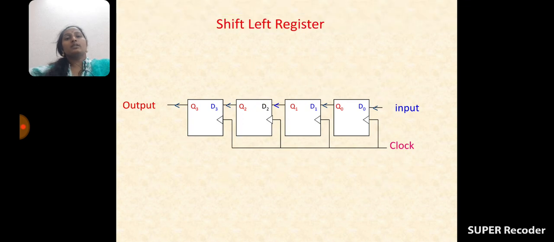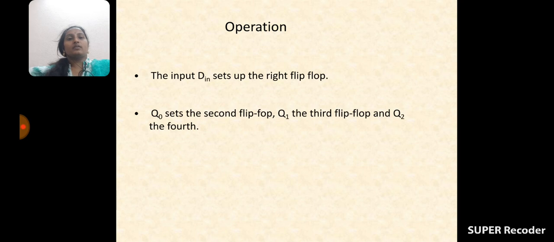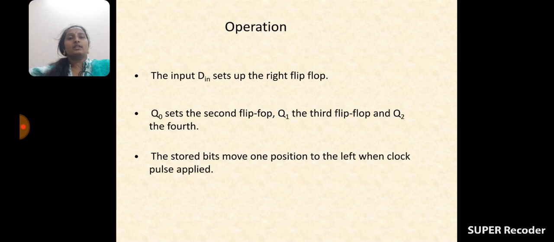Here the data must be moved from right side to left side. So once check the slide. I already explained the operation, but once you see the slide, the input Dn sets up the right flip-flop. Okay, it means Q0 sets the second flip-flop, Q1 sets the third flip-flop and Q2 the fourth flip-flop.